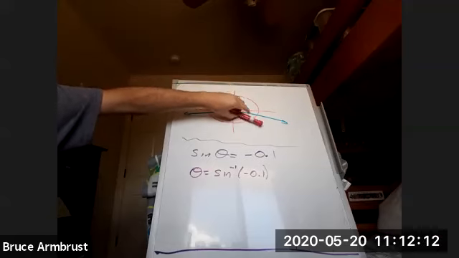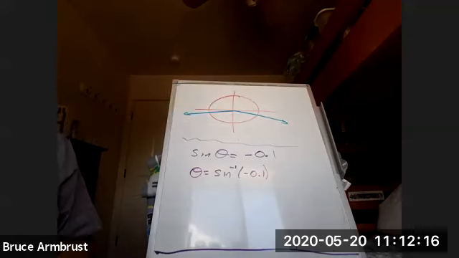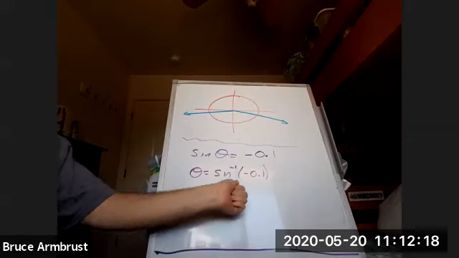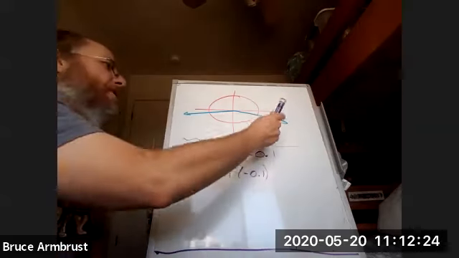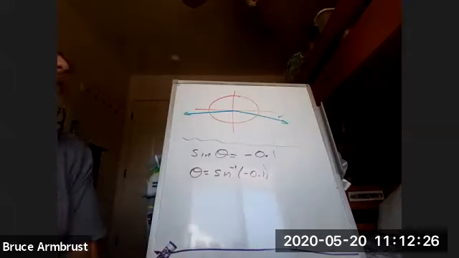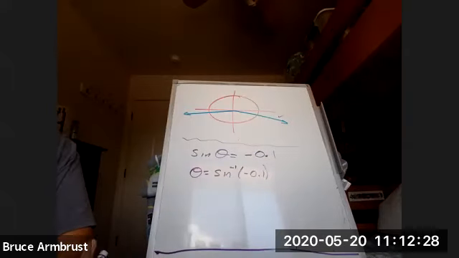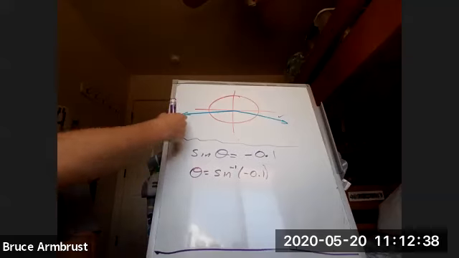So inverse sine gives us something in either quadrant 4 or quadrant 1. This one's going to be quadrant 4 because it's negative. Okay, so I'm going to put a check mark over here because that's the one that we just found with inverse sine. All right, so now the question is, how do we find the one in the third quadrant?